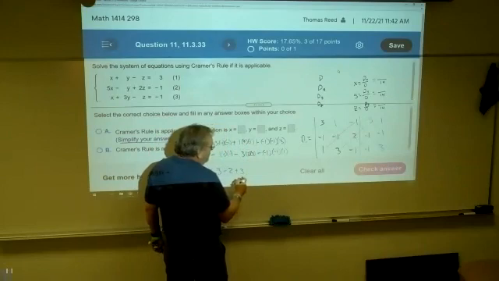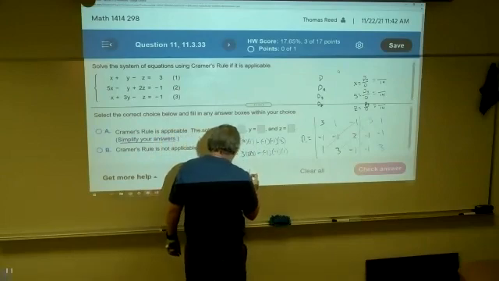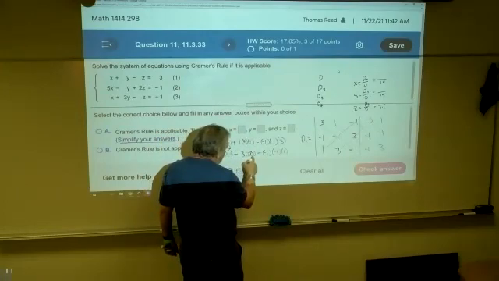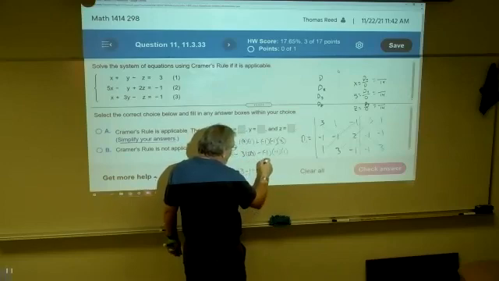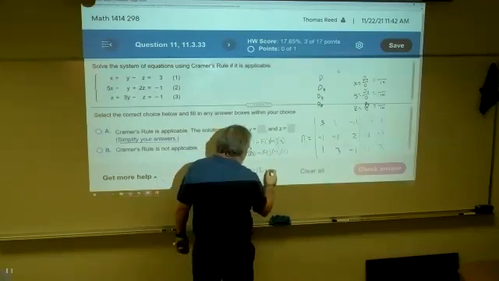Okay. And here I get 1, but I'm subtracting, so I'm subtracting 1. 3 times 2 times 3 is 18, so that's minus 18. And negative 1 times negative 1 is 1, and 1 times 1 is 1, so I'm minus 1.